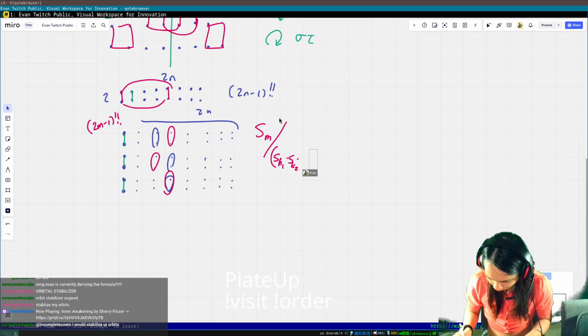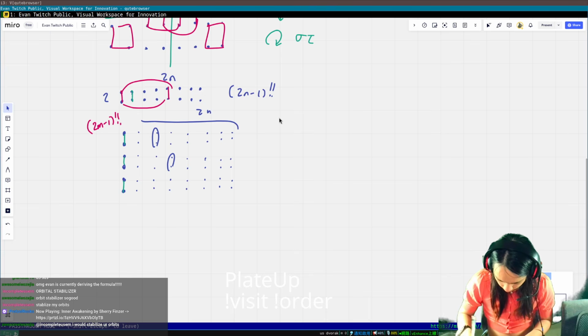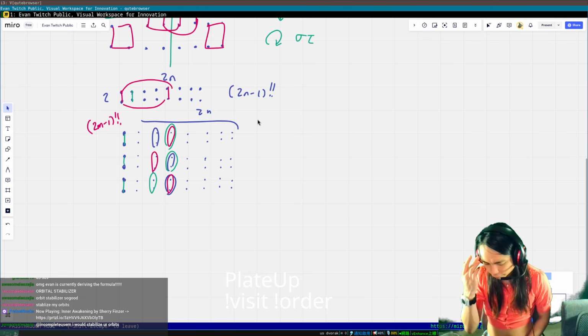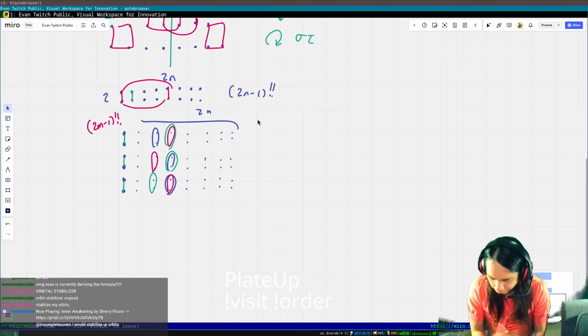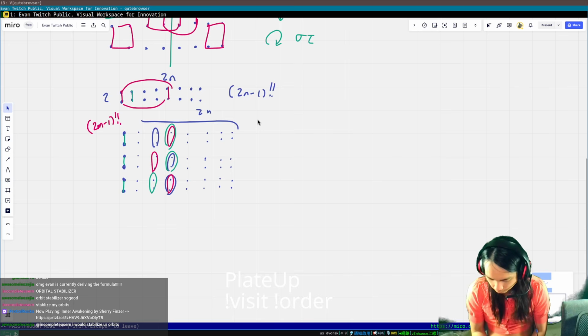Sorry, this is a bad idea. What am I trying to say? This thing is the same as this thing, which is the same as this thing. And there are actually 3 of them, which is odd. For a moment I thought they would all be even, but I don't think that's the case. So okay, that's fine.